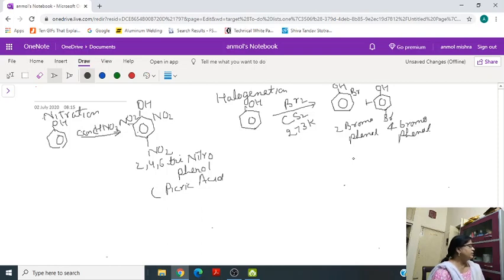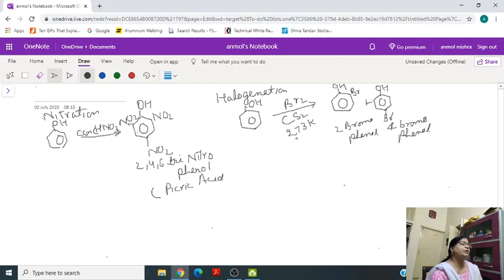In the case of phenol, the polarization of bromine molecules takes place even in the absence of Lewis acid due to the highly activating effect of OH group. Halogenation of phenol can take place easily due to the highly activating effect of OH group attached to the benzene ring.